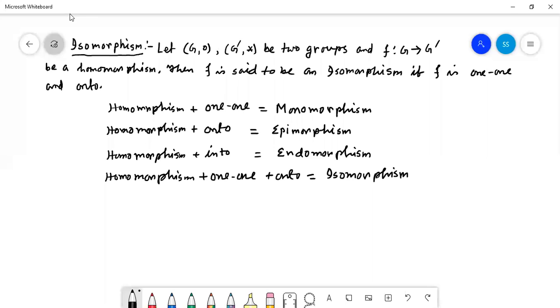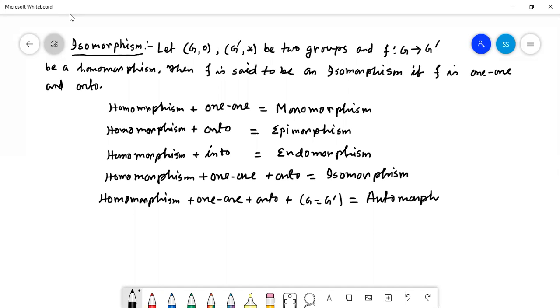Hello, am I audible to all? Yes, sir. Now, another thing is homomorphism plus one-one plus onto plus another property, G equal to G dash. Then it is called automorphism. So there are 6 morphisms in our group.